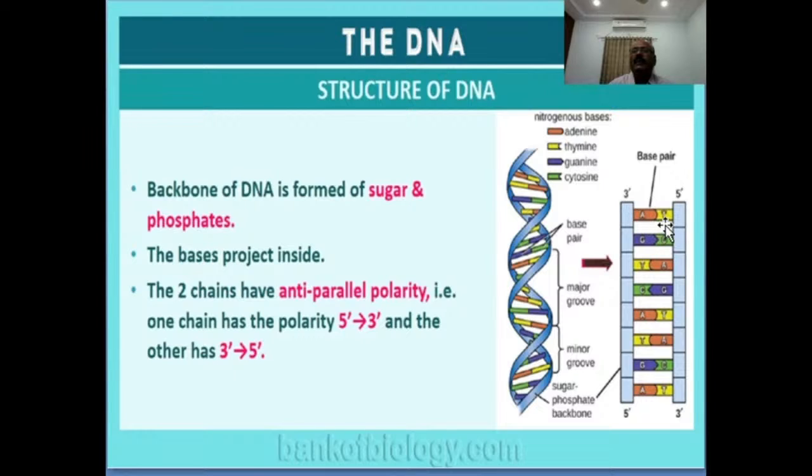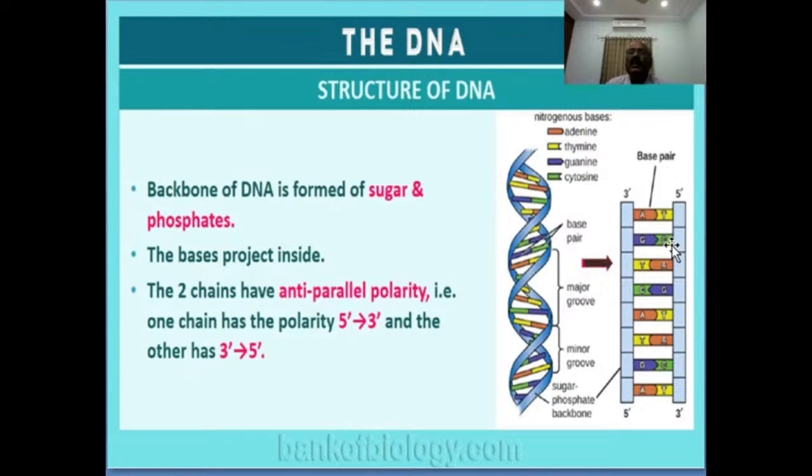Adenine pairs with thymine. Guanine pairs with cytosine. That means adenine is complementary with thymine and vice versa. Guanine is complementary with cytosine. In between adenine and thymine, two hydrogen bonds are there. In between guanine and cytosine and vice versa, three hydrogen bonds are there.